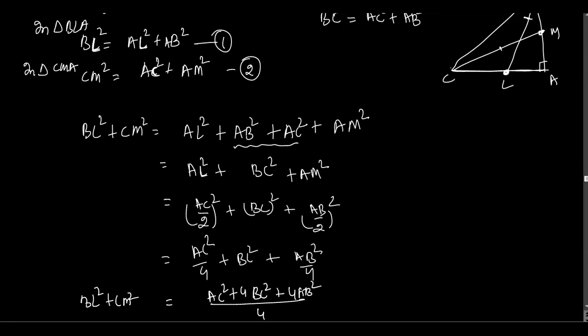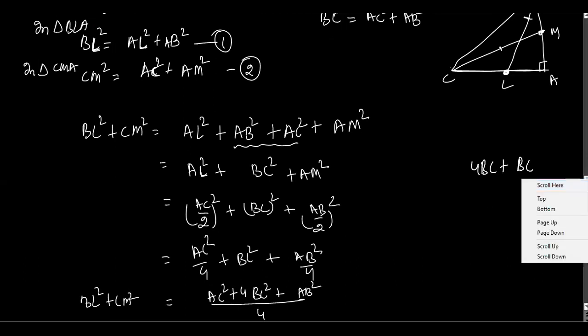Sorry, this is not 4AB. यहाँ पर नहीं आएगा. अभी आप क्या करेंगे? AC square और AB square को फिर से आप BC लिख सकते हैं. And 4 BC square is already here. So 4 BC square plus BC square, because AB square plus AC square is equal to BC square. ये बड़े वाले triangle की hypotenuse है.